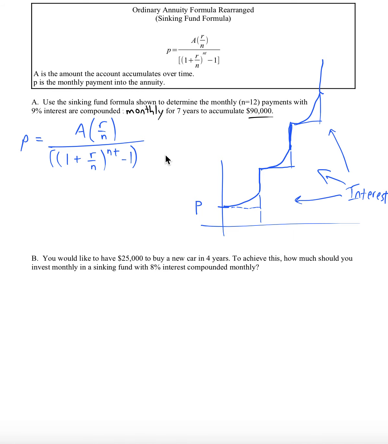All right, let's plug in. $90,000 is the accumulated amount that we want over time. The interest rate of the account is 9%. It's monthly compounding and monthly payments, so let's make it n equals 12.